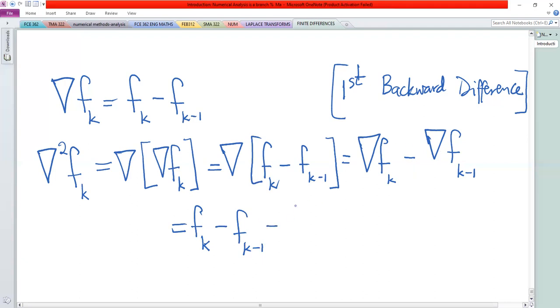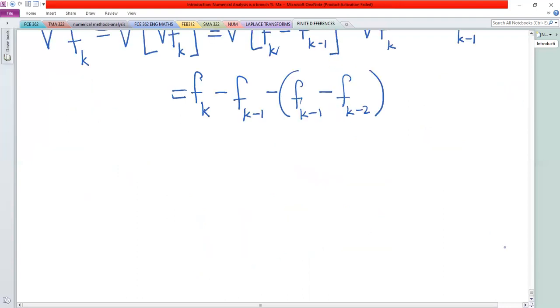Now to define backward of fk minus 1, it will be fk minus 1 minus the value of the function at the previous step. When you are at k minus 1, the previous one is k minus 2, so fk minus 2. Now opening the brackets, I will give fk minus fk minus 1 minus fk minus 1, minus minus is plus fk minus 2.